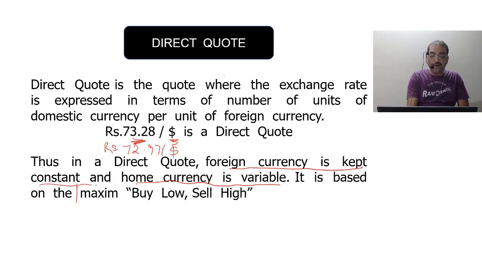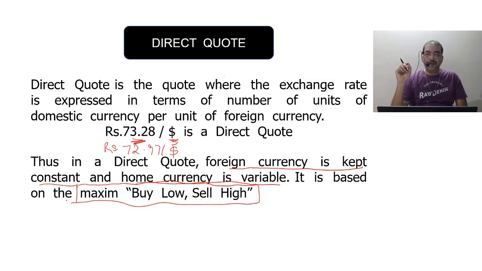Maxim. So look at this now. This is what I wanted to remember. Maxim means what? Principle. Rule. What is the principle? What is the rule of direct quote? The rule is buy low and sell high. Buy what? Buy dollars when this is low.